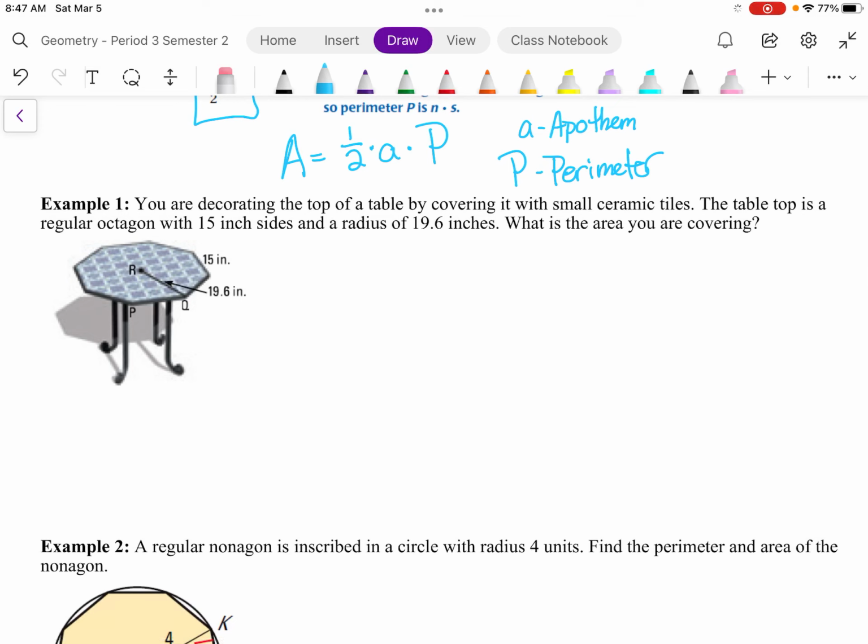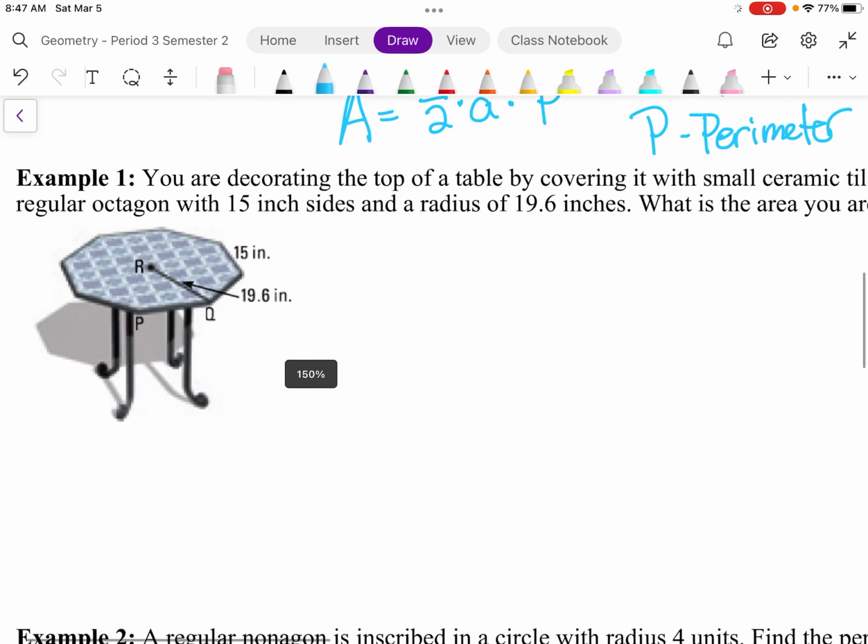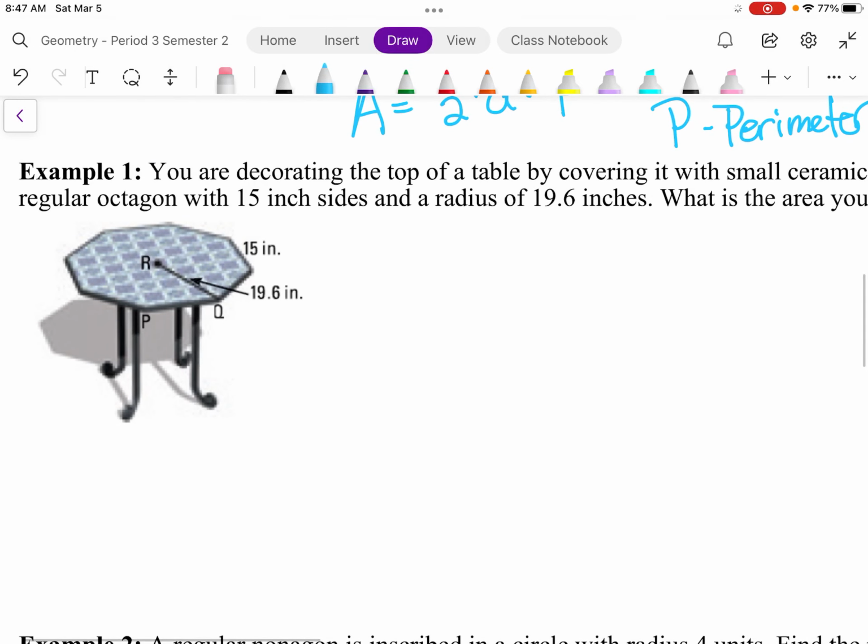Example 1, you are decorating the top of a table by covering it with small ceramic tiles. The tabletop is a regular octagon with 15-inch sides and a radius of 19.6 inches. What is the area you are covering? So this is the picture, and we know the side lengths are 15 inches, and they told us the length of the radius is 19.6 inches.